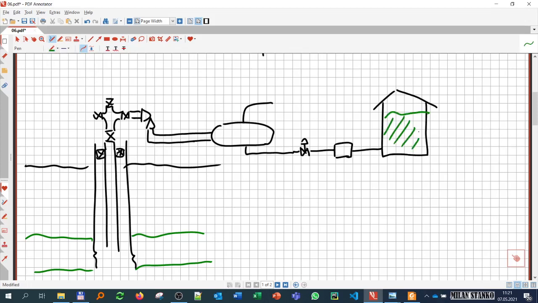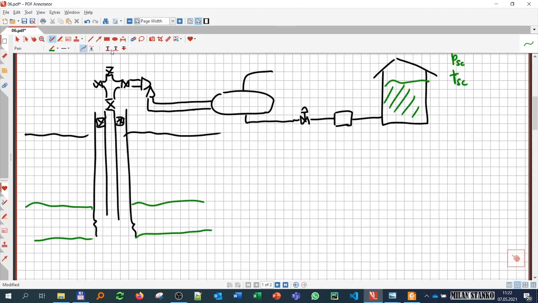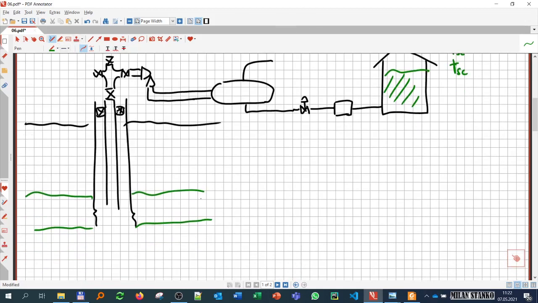So we say the meter that we have here is actually measuring at very close to standard conditions. So that's where our rate is going to be measured, the rate at standard conditions. Let's say here we are at P standard condition and T standard condition. So what we are going to do with our example, because remember we are looking into this guy here, is see how it is going to perform.